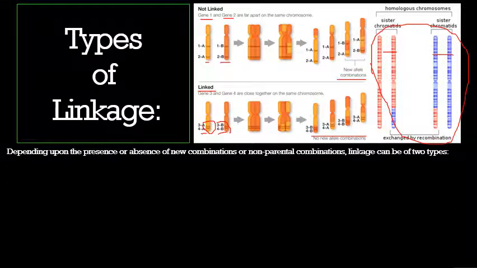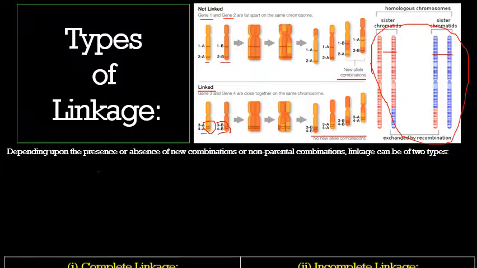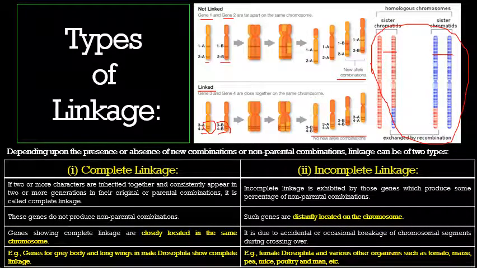Now, depending upon the presence or absence of new combinations or non-parental combinations, linkage can be of two different types. One is complete linkage and another is incomplete linkage. Let us see by definition what is complete linkage and what is incomplete linkage.